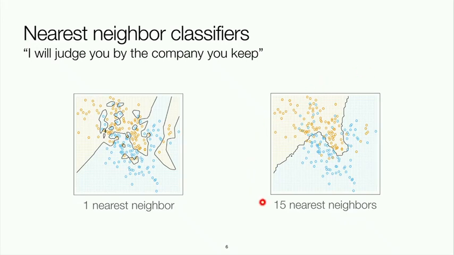And doing so allows us to learn some very interesting, flexible decision boundaries that might better represent the data, as long as we have enough of it. So the conventional wisdom behind nearest neighbor classifiers is that they work really well when you're trying to learn complex decision boundaries in low dimensional spaces.